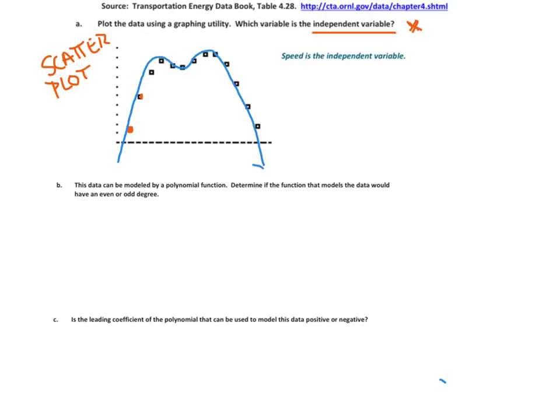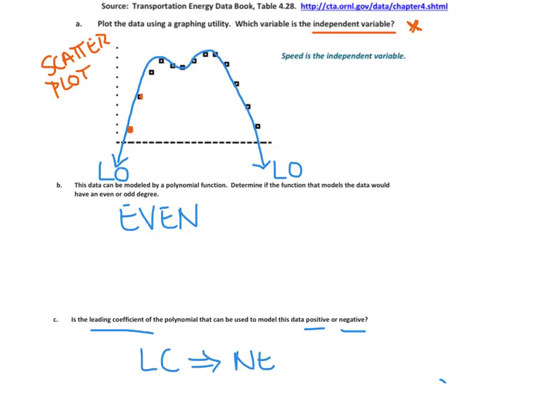It's got a little wrinkle at the top, but it looks like this. Notice how it starts low and finishes low? That tells me it's even. Now, of course, the next question is, would the leading coefficient be positive or negative? Because we start low and finish low, I'm saying that the leading coefficient is negative.